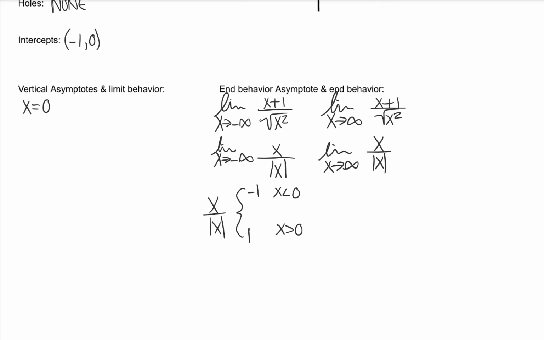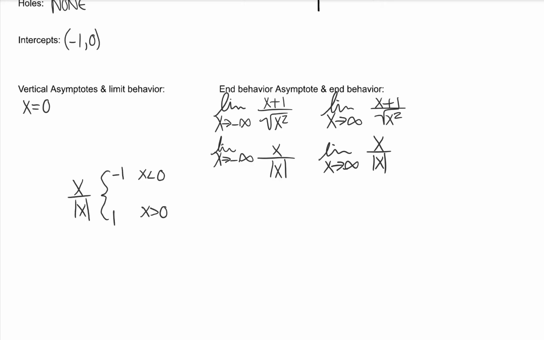So if I were to evaluate these limits, for the first one, we're headed toward negative infinity, so this is equal to -1. And for the second one, we're headed toward positive infinity, where x is greater than 0. So this one is headed toward +1. F of x approaches -1 as the x's approach negative infinity.